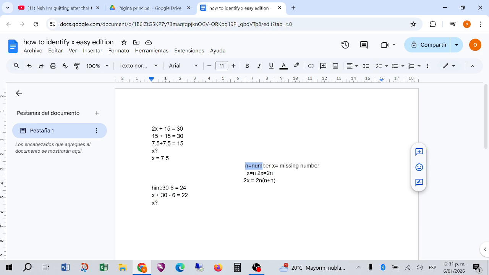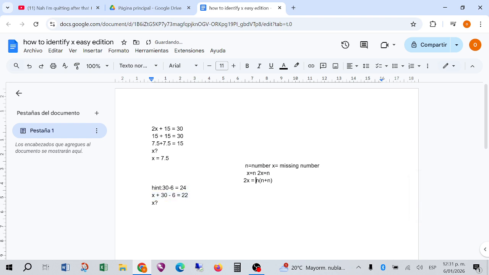Since n equals number, which means two numbers, 2x equals two numbers. 1x equals one number. But 2x doesn't equal two numbers. Sorry, I'm trying to figure things out. 2x just equals n.